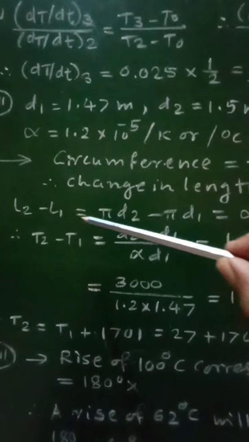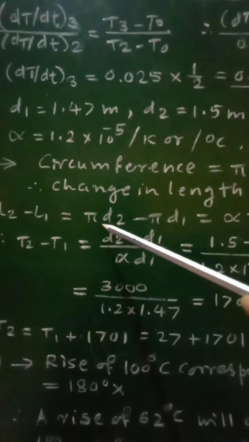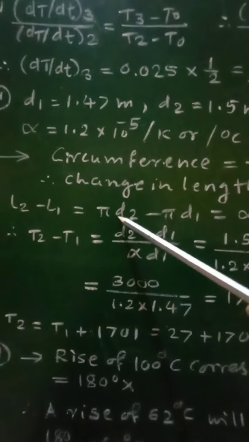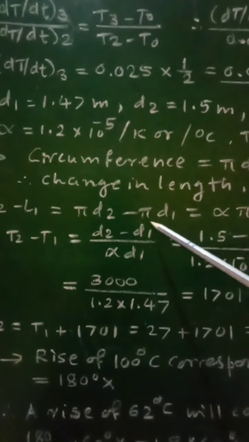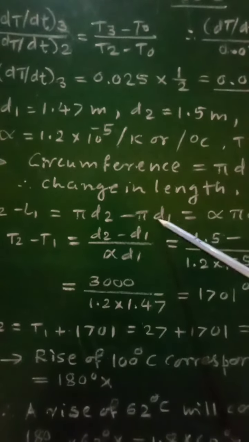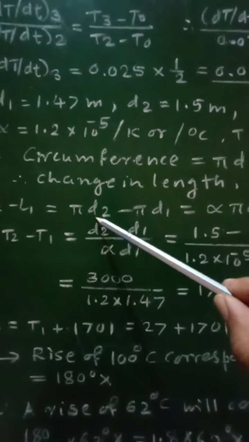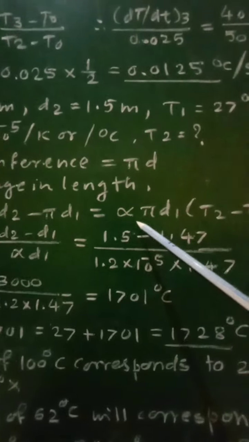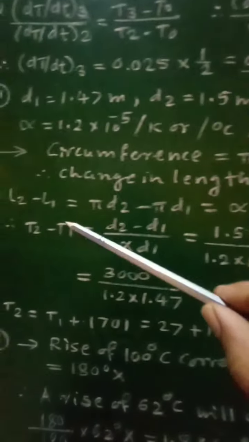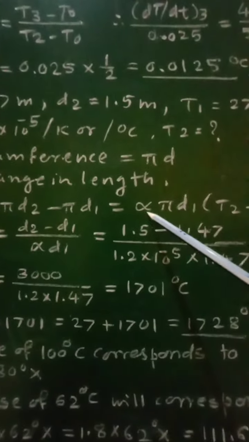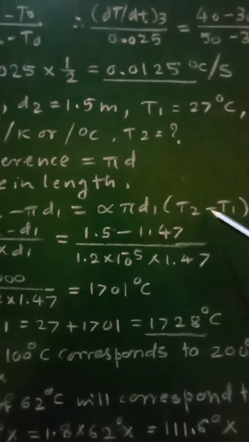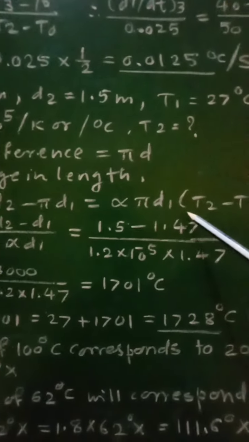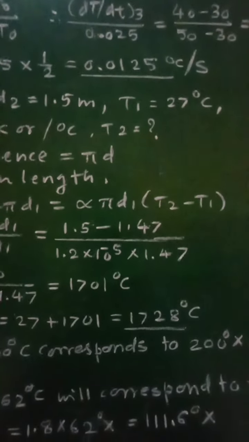L2 minus L1 will be equal to pi d2, that is the length of the wooden rim, minus pi d1, the length of the iron ring. Therefore pi d2 minus pi d1 will be equal to alpha pi d1 into T2 minus T1, because L2 minus L1 is equal to alpha L1 into T2 minus T1.